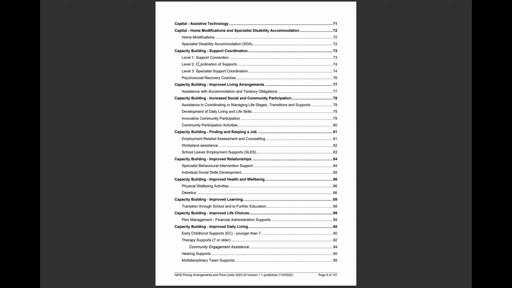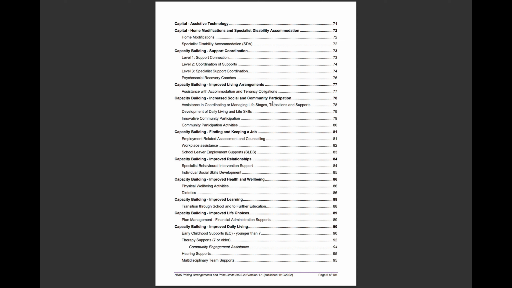And then you've got the capacity building categories as well. So support coordination, improved living arrangements for people who maybe require support to maintain the place that they live, to hold or keep a tenancy going if they're living in a private rental home, for example.